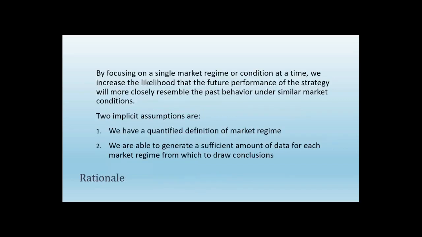The advantage of focusing on a single market regime at a time is that we increase the likelihood that future performance of the strategy is going to more closely resemble the past behavior under similar market conditions. Because as you know, one of the challenges is, let's say we run our initial backtest from 2001 through 2012, which is the example we're going to use later on as well.